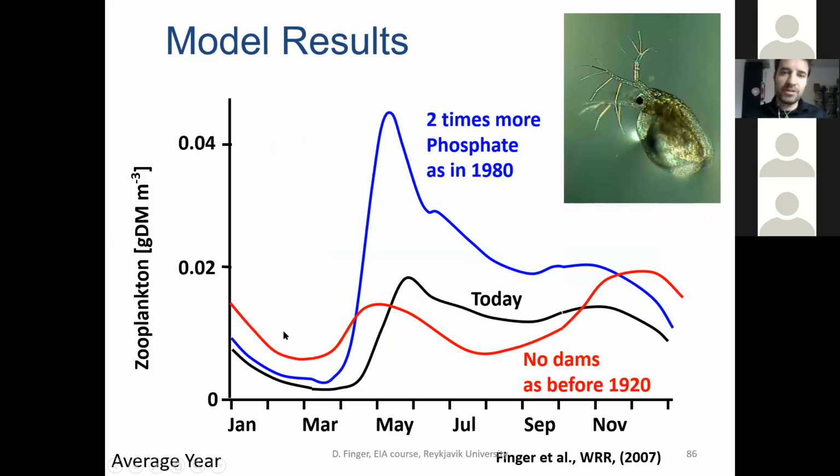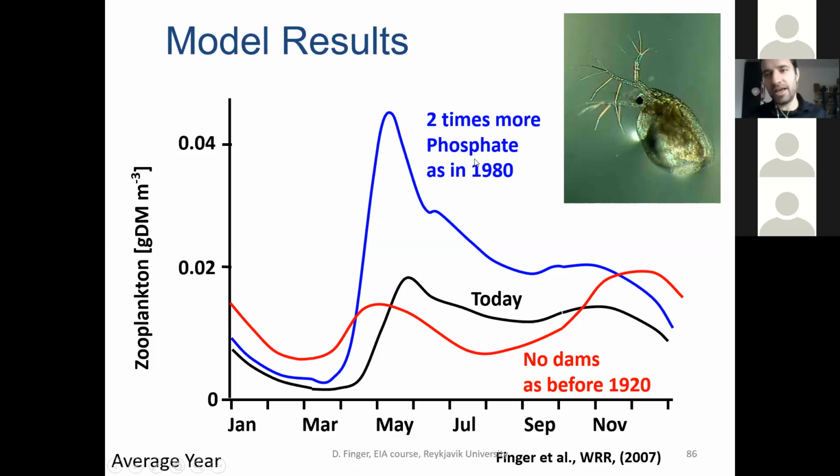But we could assess the concentration of zooplankton in the lake in the situation before the construction of the hydropower plant, in the situation today, and during the 1970s when fishing yields were pretty high.